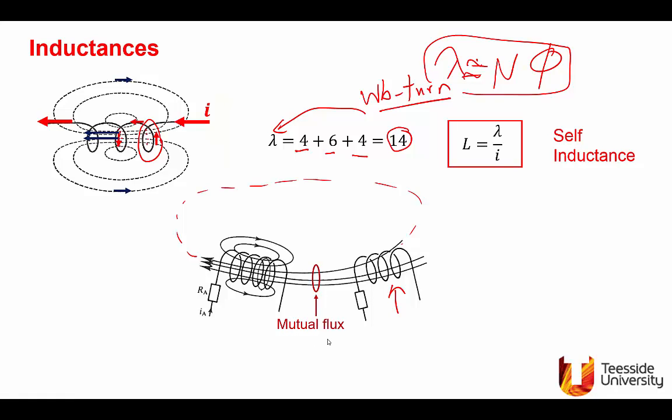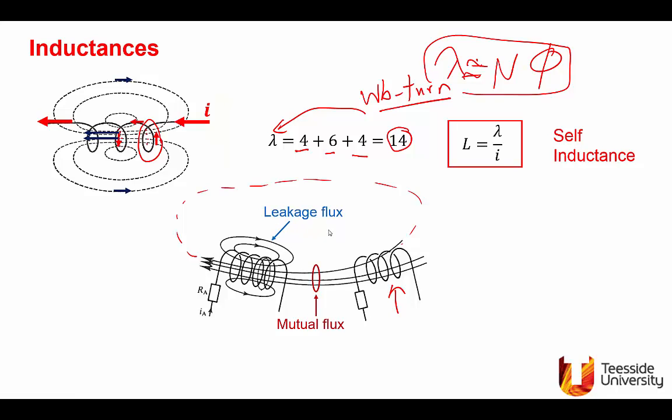If our aim was to introduce good magnetic coupling between the two coils, then our aim would have been to increase the mutual flux, to make the coupling of the coils very, very large. Flux lines like these are not mutual, they are not linking the second coil, and we call them leakage.